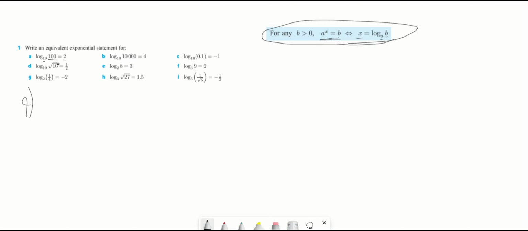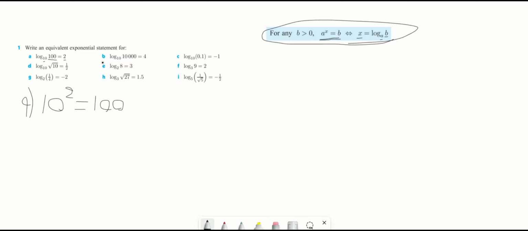And you can see how that lines up pretty easily. Since a is 10, we're going to do 10 to the power of x, so x is 2, so 10 to the power of 2, and then equals b, which in this case is 100. So 10 to the power of 2 equals 100, which makes sense because 10 squared equals 100.